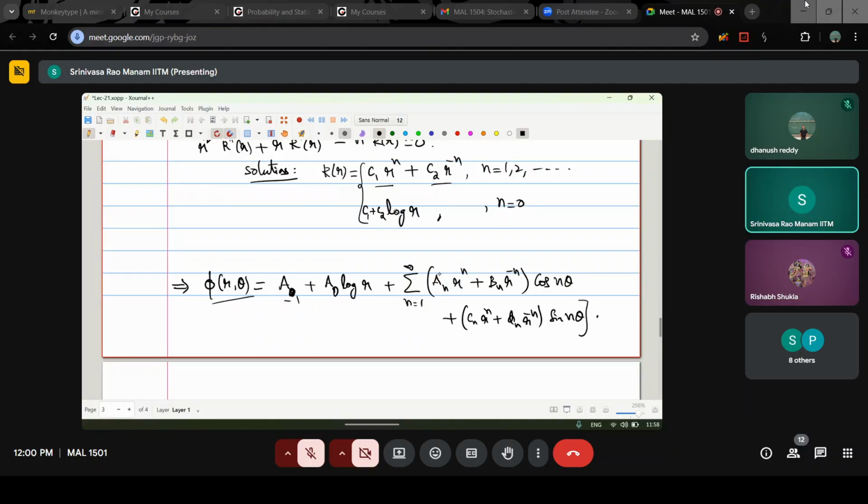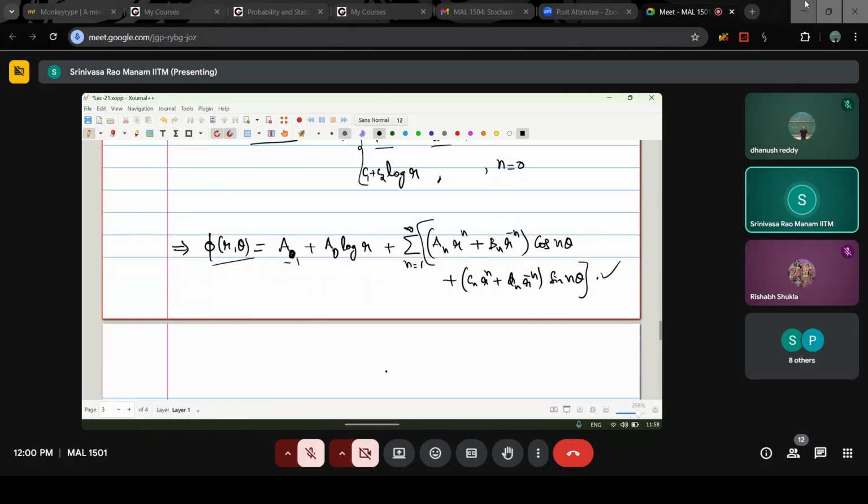This is with your sum. So these are all possible solutions if theta is a periodic variable. What are the other solutions that you can find for the Laplace equation? Phi of r, theta is simply C1 r plus theta also, isn't it?